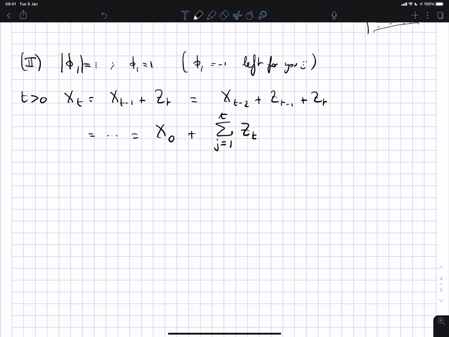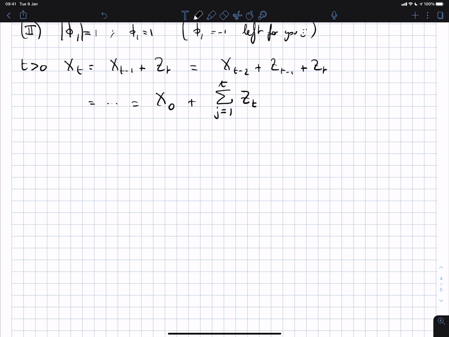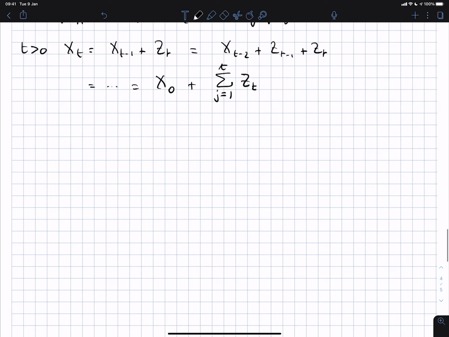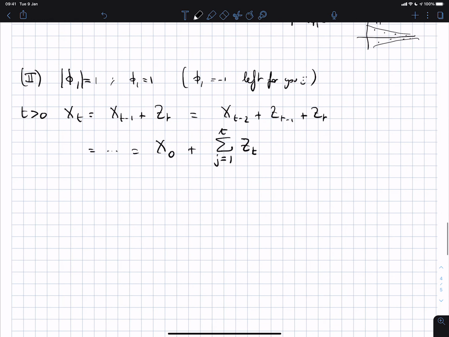And this is a random walk, and it's not stationary. So it's well defined. The solution is easy to identify in some sense.